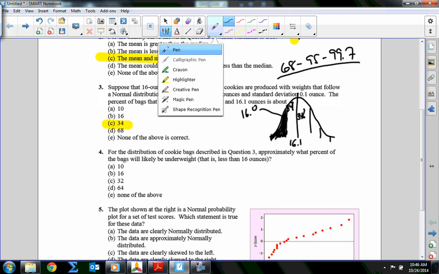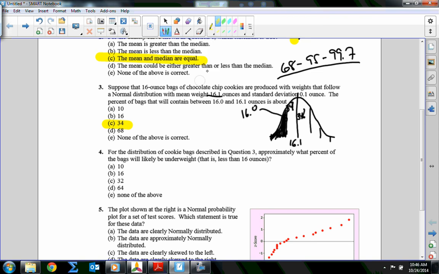And the easiest option is not to put the percentages in each of those blocks and then add it together, but instead to recognize that from the median or mean over is exactly 50%. All this stuff I'm coloring green, 50%.